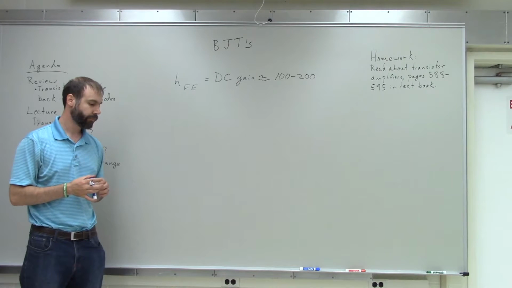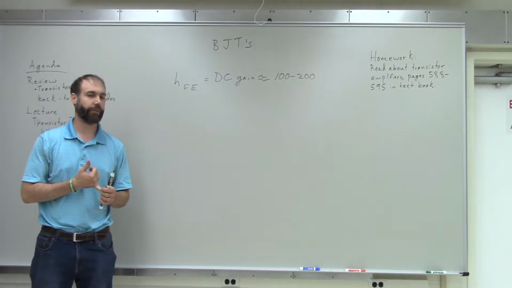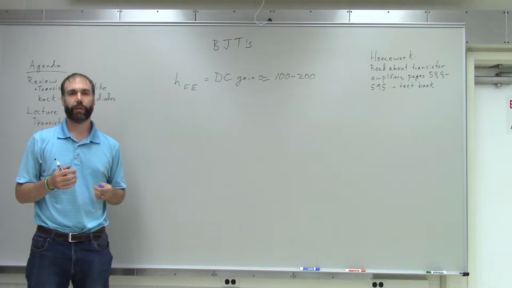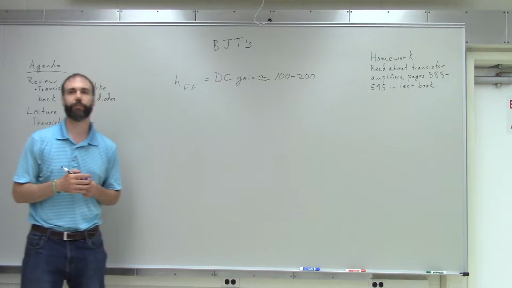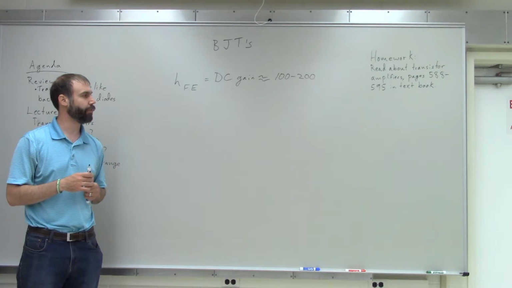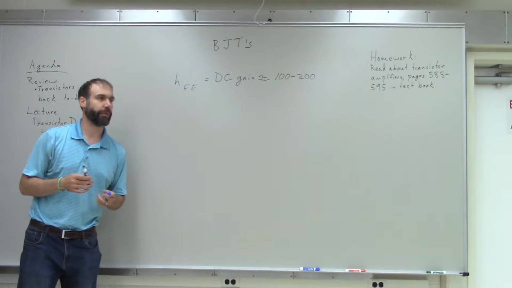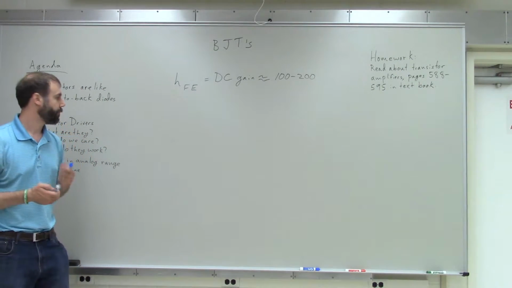So we measured that. We looked up the data sheet, and we checked the range for that, and then we actually measured it using the multimeter, right? And we used the multimeter to do some other measurements and other checks of our transistors, right?